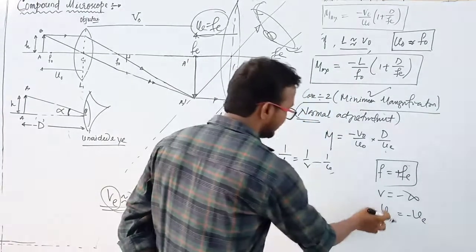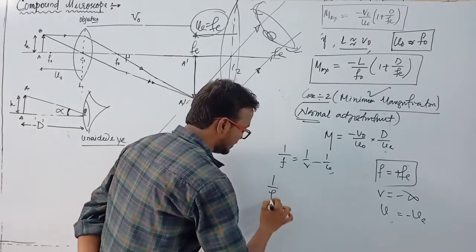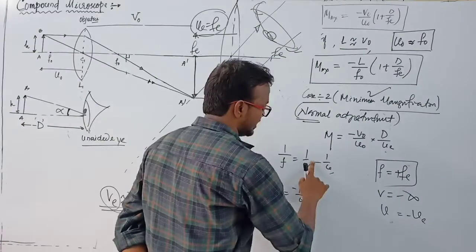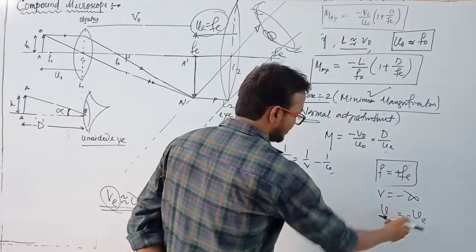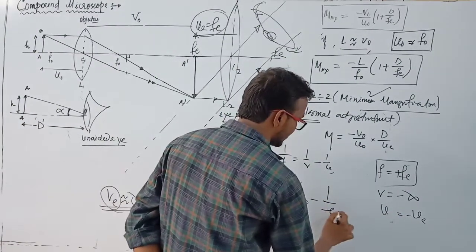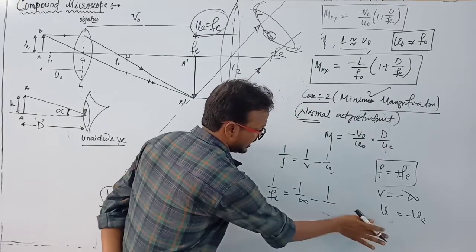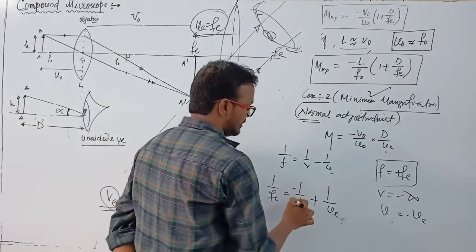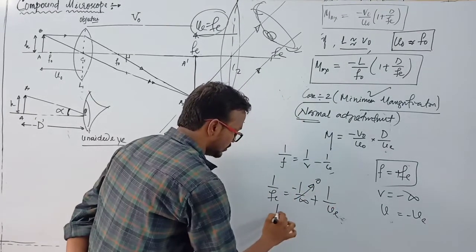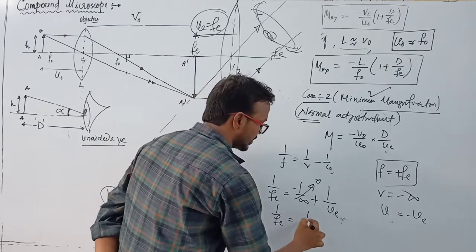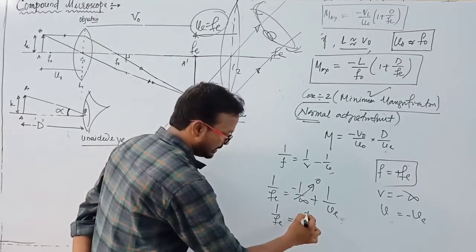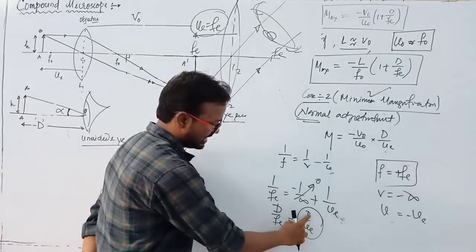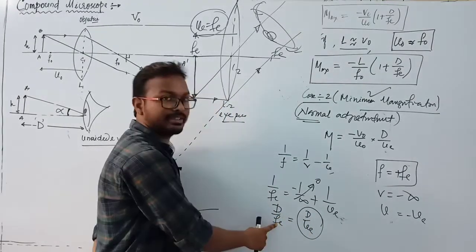Clear? If you use these values, then 1 by F equal to 1 by minus infinite, plus 1 by UE, and 1 by infinite is equal to 0, so 1 by F equal to 1 by UE. If you multiply by D on both sides, then D by UE equal to D by FE.